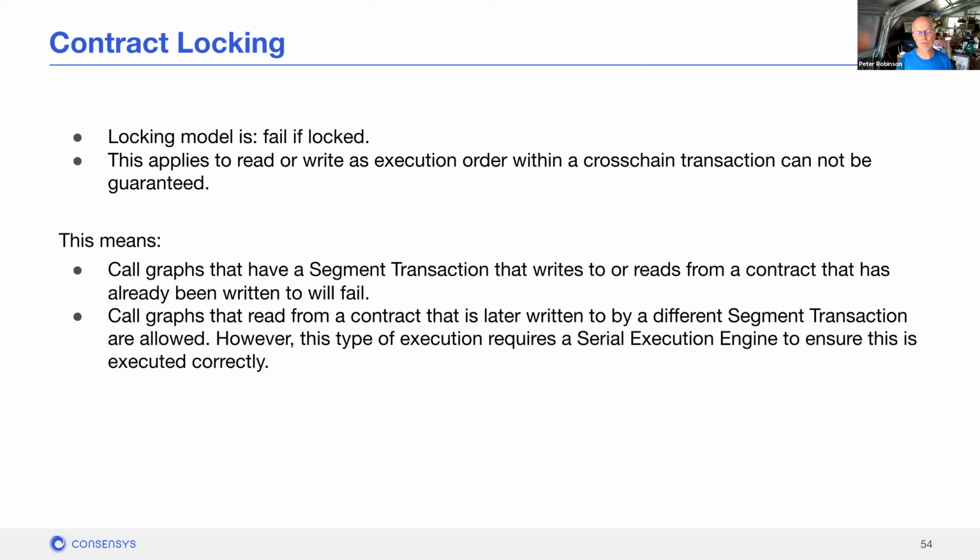So either you've got to read from a contract that's not locked or write to a contract that's not locked. And so what this means is that you could possibly have a setup where you read from a contract and then write to it, but you certainly can't write twice or write then read. And in fact, I'd say it's best probably to only do one read or one write in a cross-blockchain call.